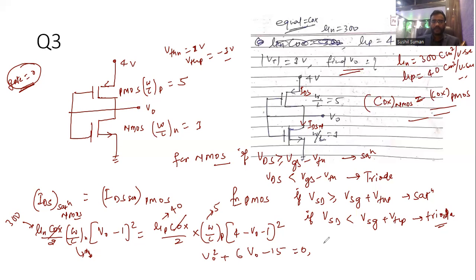After solving, you will get V naught equal to 1.89 volt and another V naught equal to minus 7.9 volt. V naught should always be from 0 to 4 volt, not greater than 4 volt and not below 0 volt. So the approximate answer is 1.89 volt, or sometimes you can write 1.9 volt as the right answer.